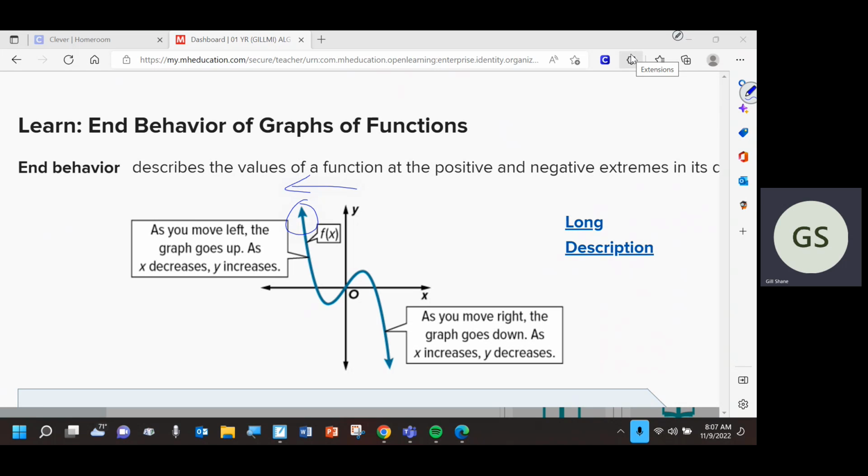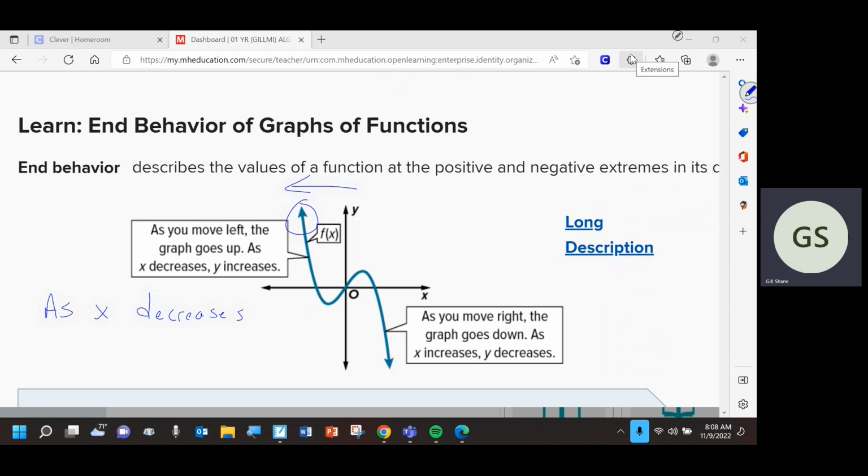The reason I'm doing that is because the way you're going to write the answer, they kind of write it right here. You're going to say as x decreases. What does that mean? As x decreases means we're going left, right?